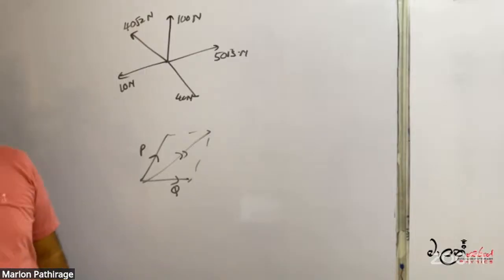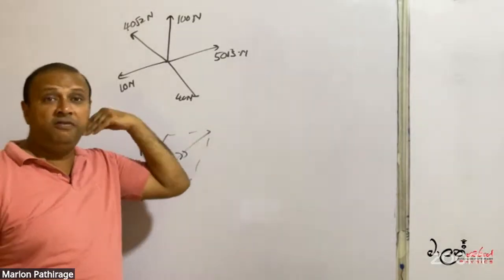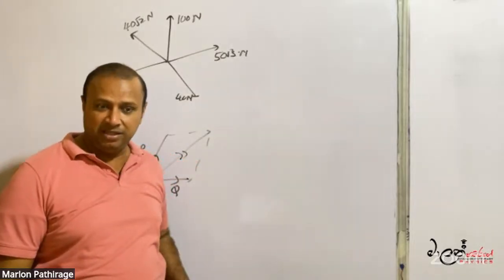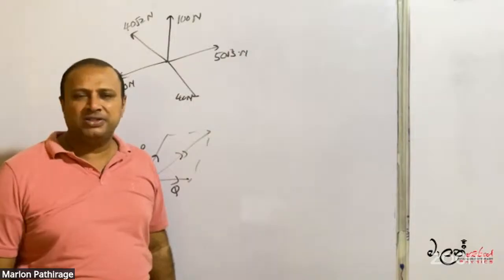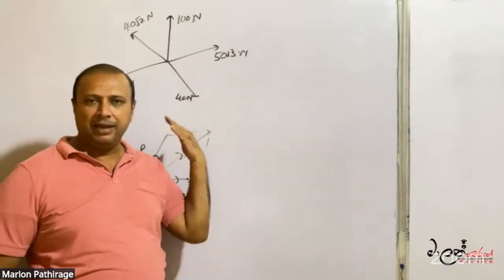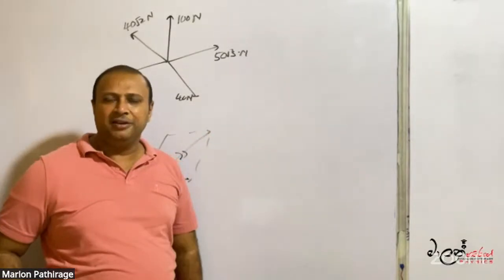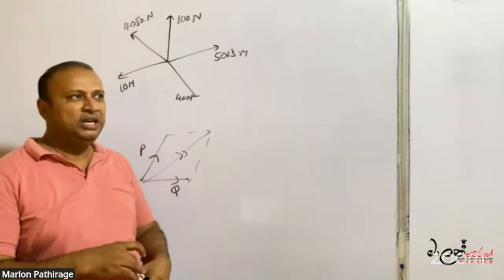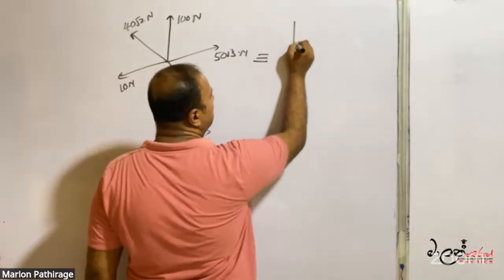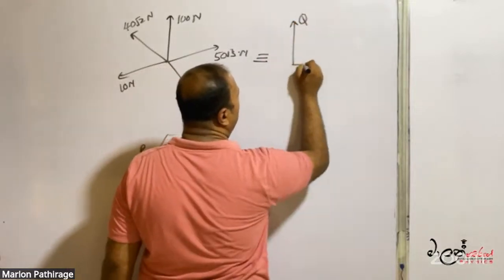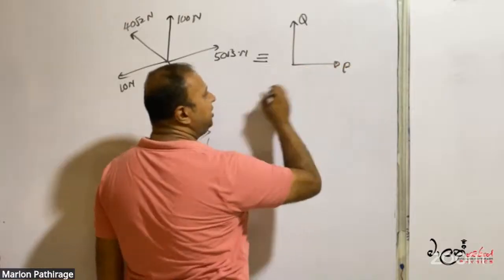Yes. We can resolve this vector system into two perpendicular directions. If you resolve this vector system into x and y directions, then we can equate this vector system into two components, one in each direction.